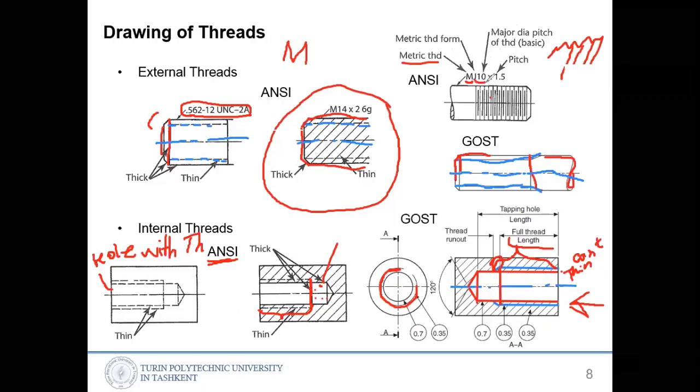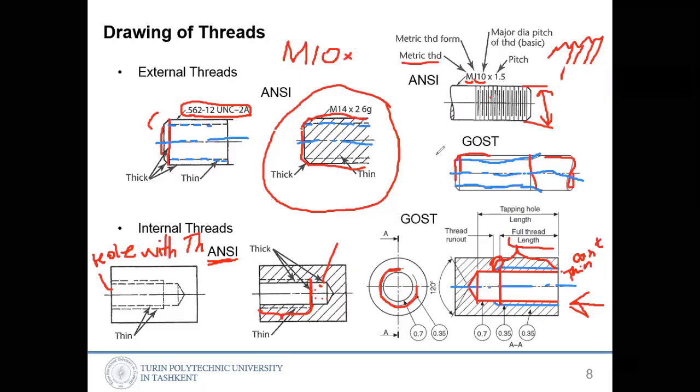The first value shows the major diameter of the thread. So if you have M10, that means the biggest diameter is 10 millimeters. But when you have a thread, you start from M, multiplied, and then the pitch.